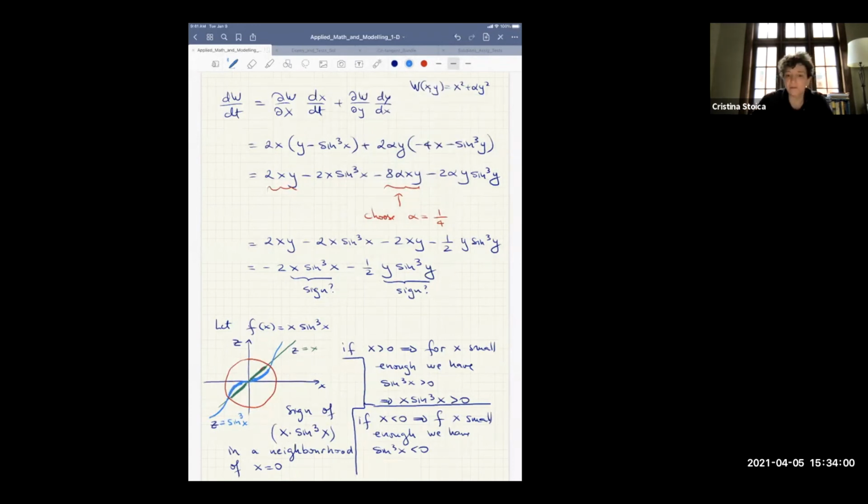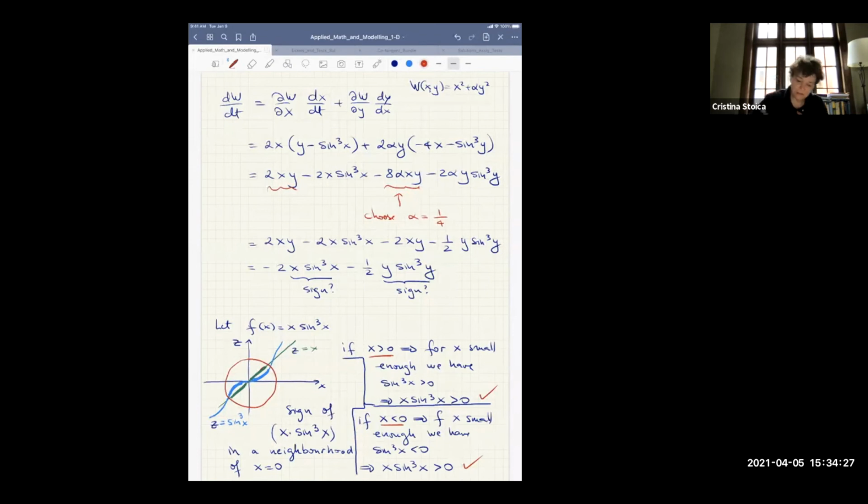So the product of two negative numbers is positive. Voila. So now we have these two cases. It's either positive or negative. In both cases, the product is positive.